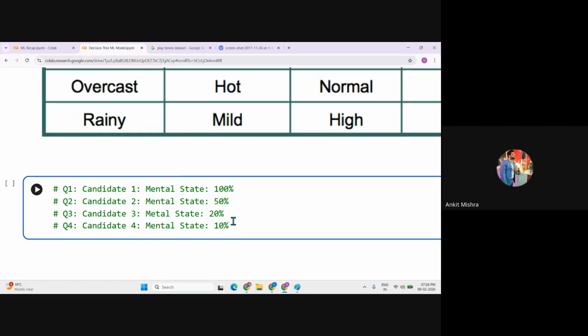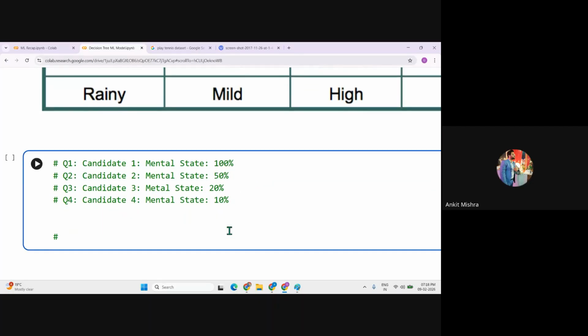Now let's take another example. We have four different dishes. The dish one, D1, you just need to check the impurity level, right? The dishes are something like pizza. Pizza is a fast food dish. Let's take this example of fast food. And we have some level of impurity in each pizza, right?